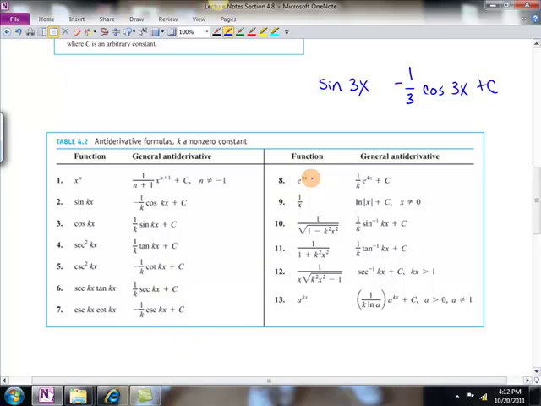Important ones: e to the kx, 1 over k, e to the kx plus c. So if we had e to the 4x, we're going to have 1 over 4 e to the 4x plus c. That would be the antiderivative. We're going to get enough practice in the homework problems for sure.